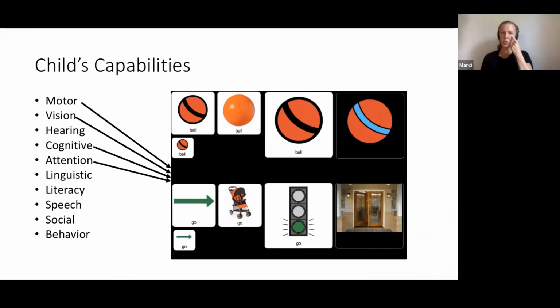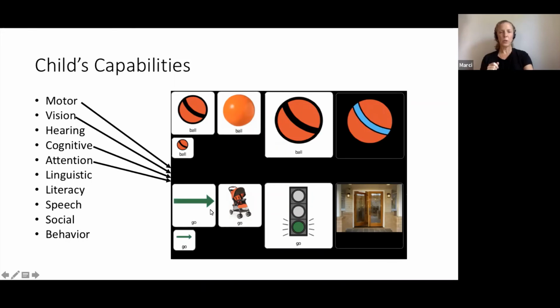If I'm not sure if they can see it, for acuity, I'll go from a 2 by 2 inch to a 1 by 1 inch. But then if there's maybe the presence of a cortical vision impairment, or it just doesn't seem like they're seeing the images, and you're not sure if it's vision or if it's cognition, right? So then I might play around with this image, which is a high contrast.